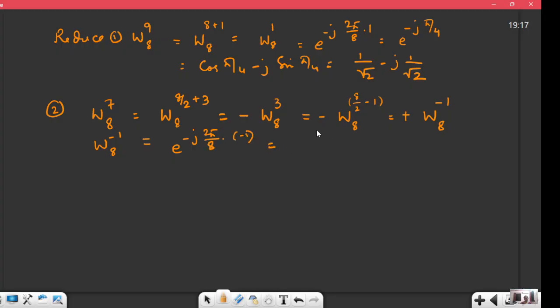So it will be e to the power j pi by 4, equal to cos pi by 4 plus j sin pi by 4, which is 1 by root 2 plus j 1 by root 2. So this is 7 and 8.